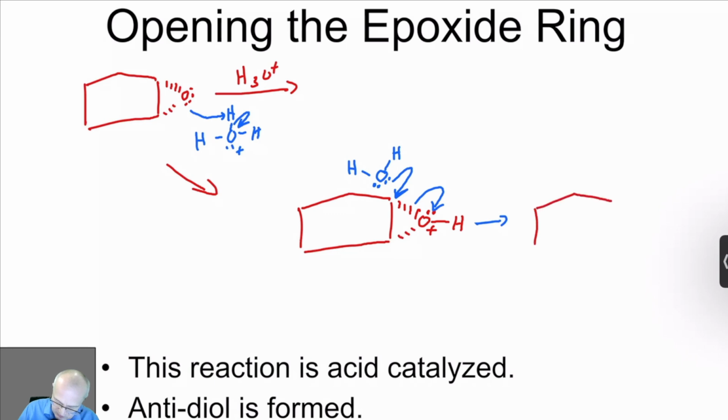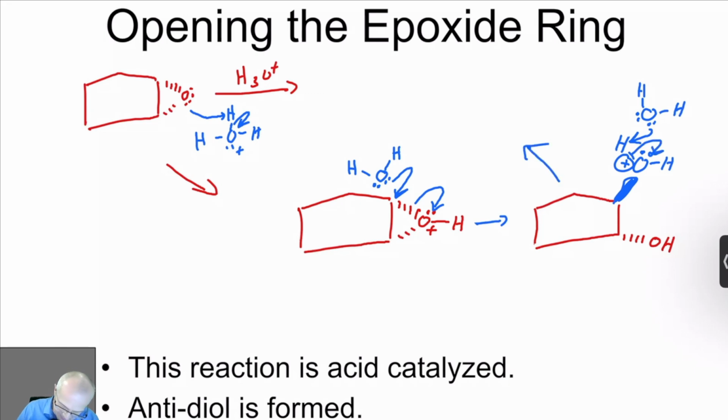And when you do this, you get what's called a diol. But this diol is going to be protonated until I deprotonate it, but you'll see. Deprotonate it to form the anti-diol.